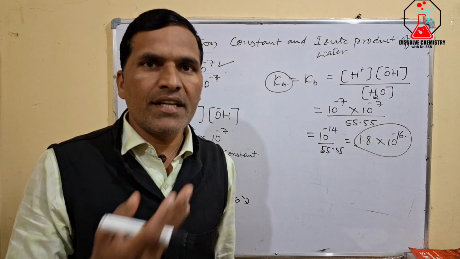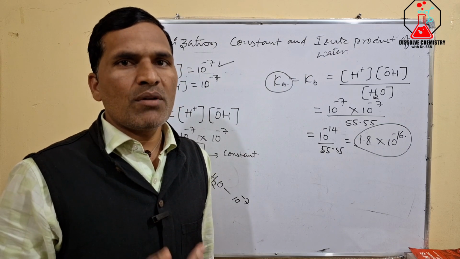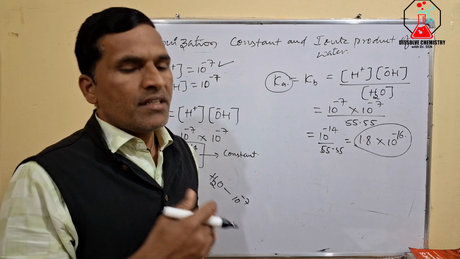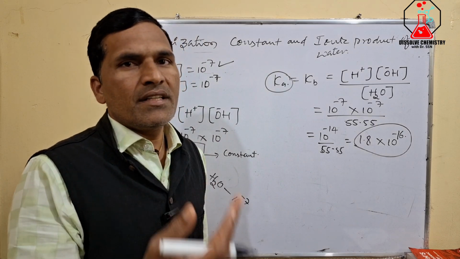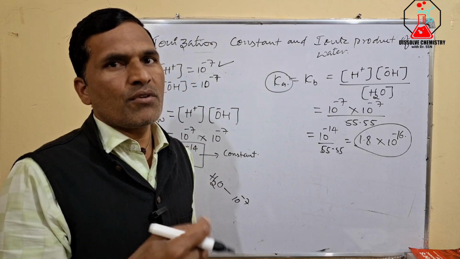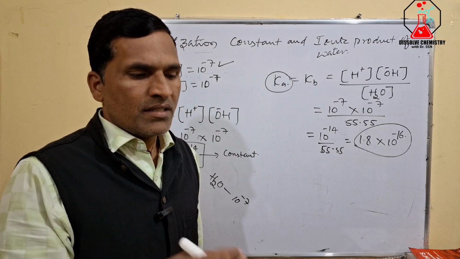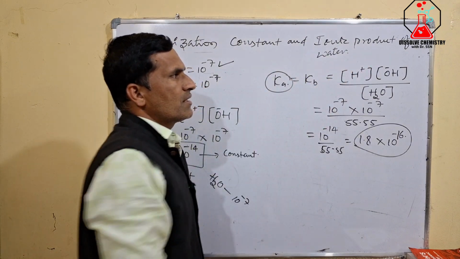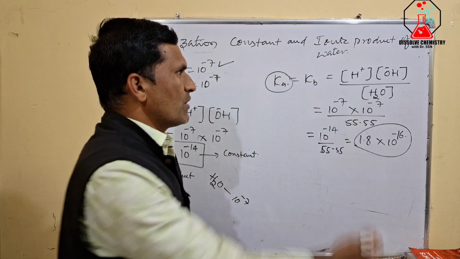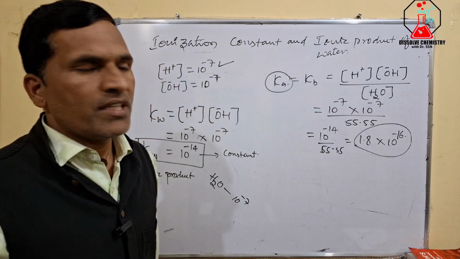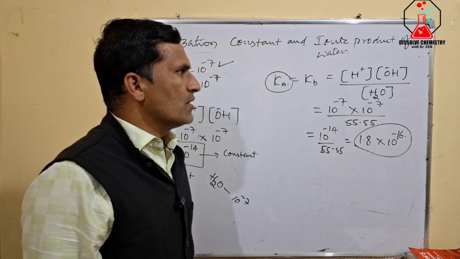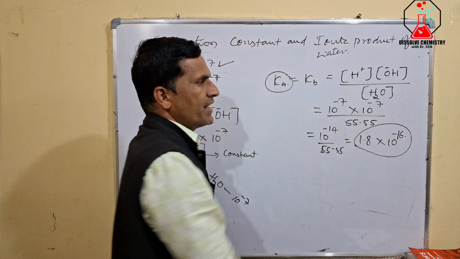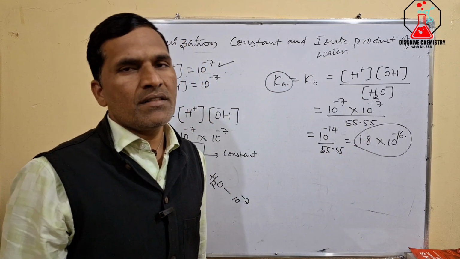From that we calculated the degree of dissociation of water, 1.8 into 10 to the power minus 9. And lastly we found the acid or base dissociation constant, Ka equal to Kb, and the formula is the product of H plus and OH minus divided by H2O, which turned out to be 1.8 into 10 to the power minus 16.